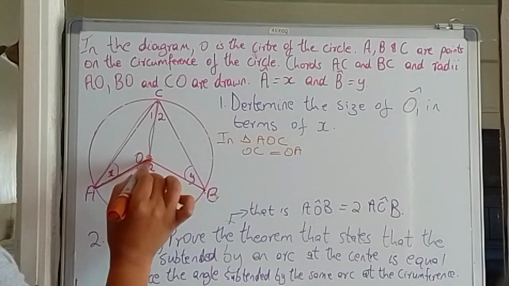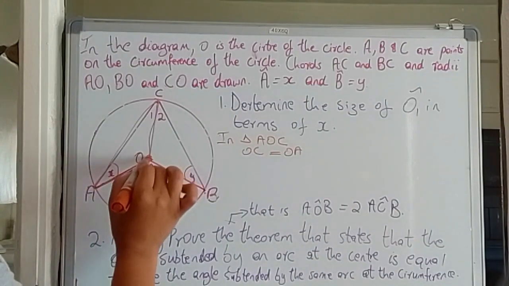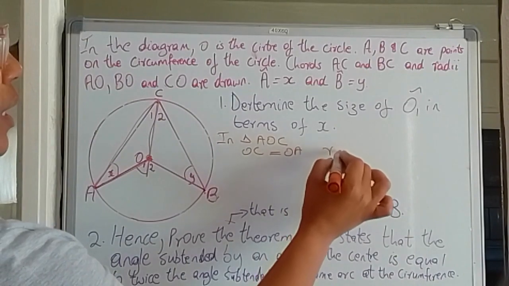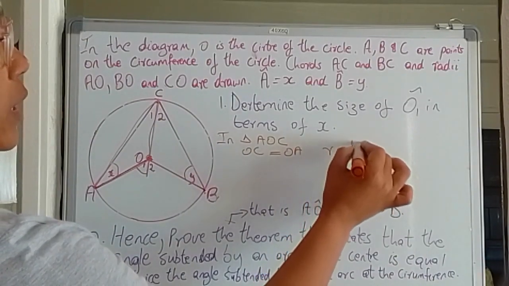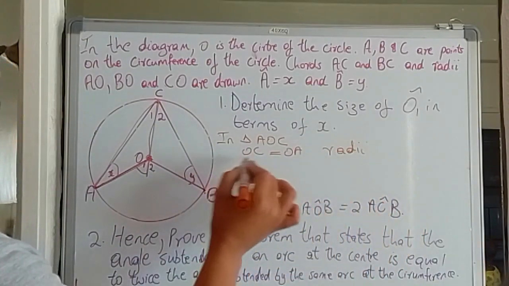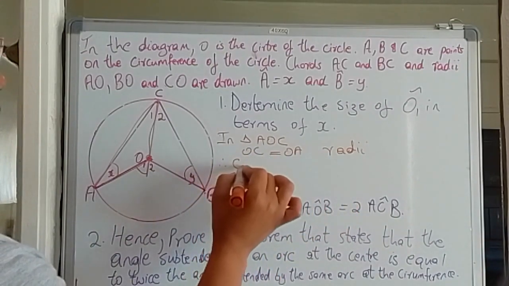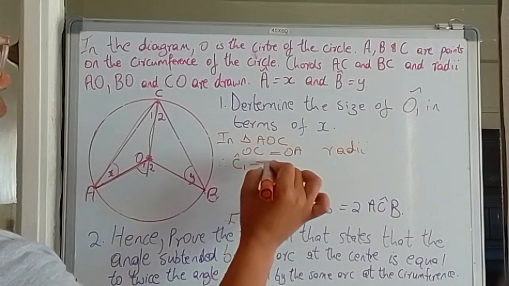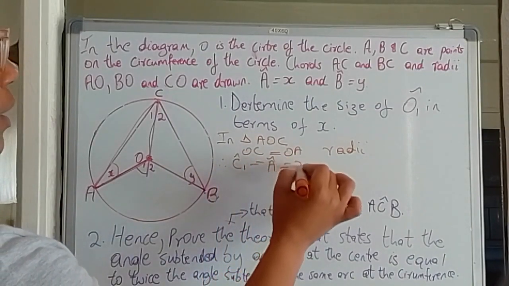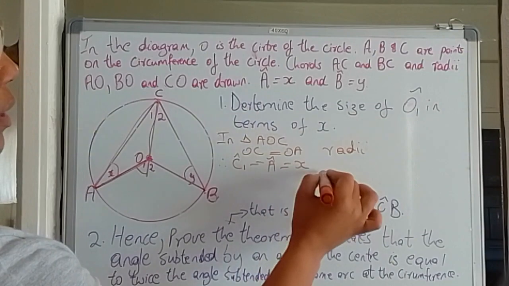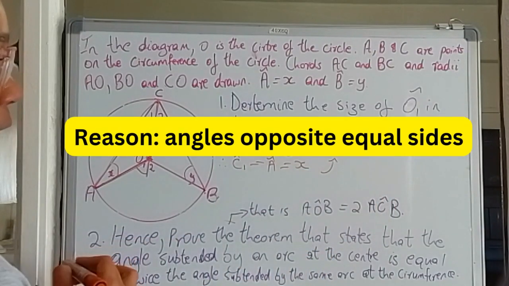Both of them are from the center to the circumference. They are radii, or we can say given. Since both of them are radii, therefore angle C1 is equal to angle A equals X. Okay, that is our reason up there.